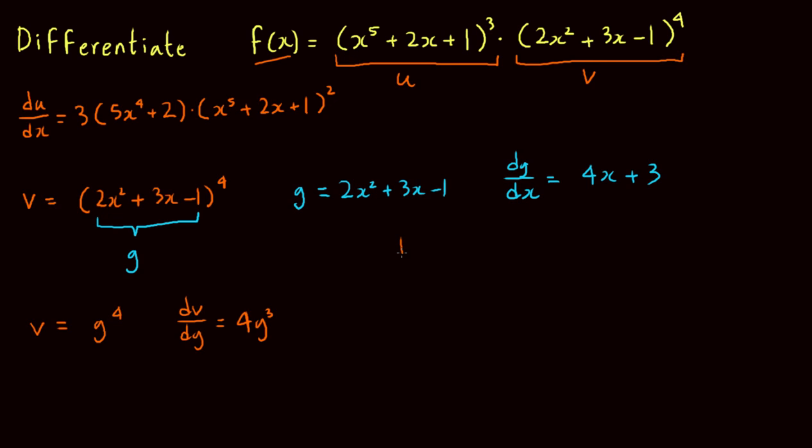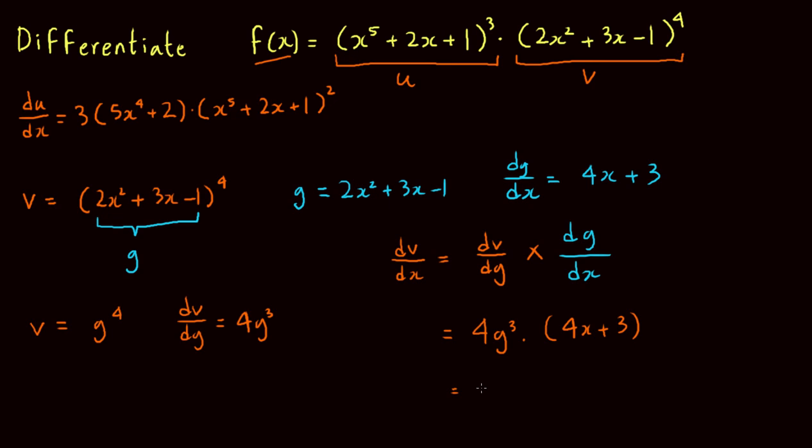So in this case dv/dx is dv/dg times dg/dx, which would be 4g^3 multiplied with 4x + 3.